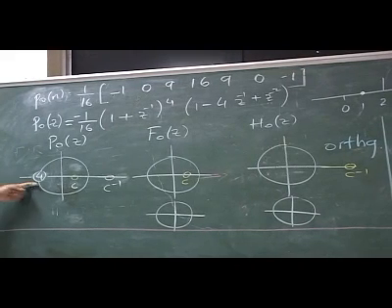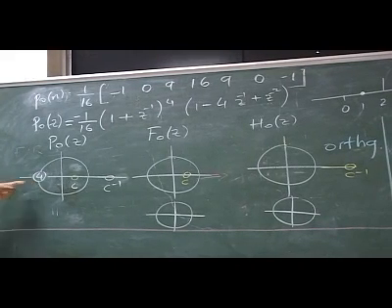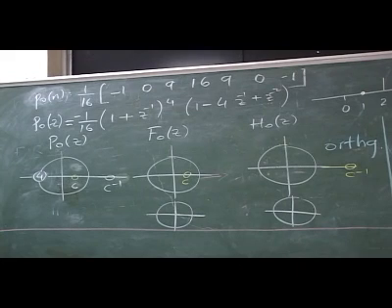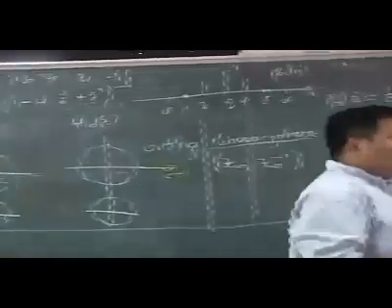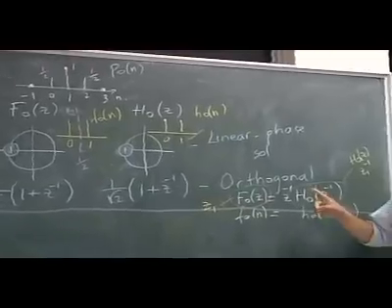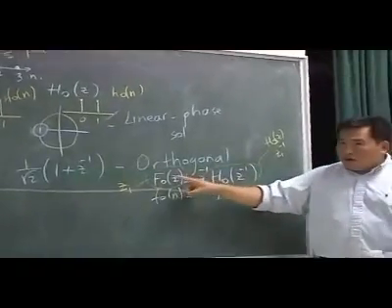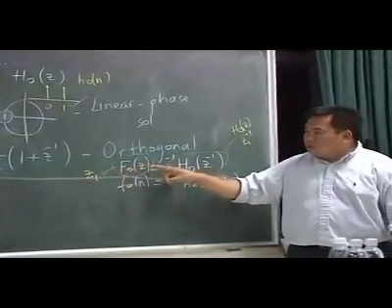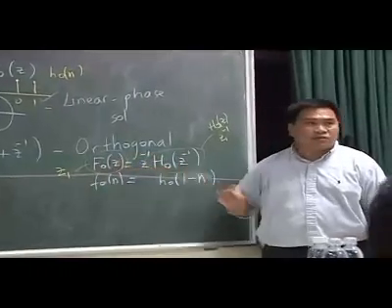How about the zeros at pi? Which one? H1 has 2. Why? Suppose F0 has 10 zeros.